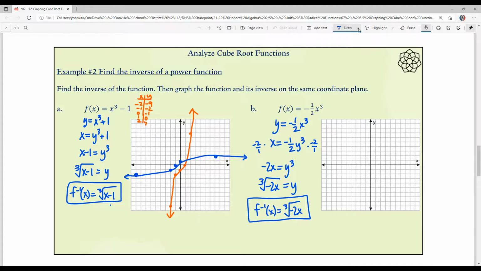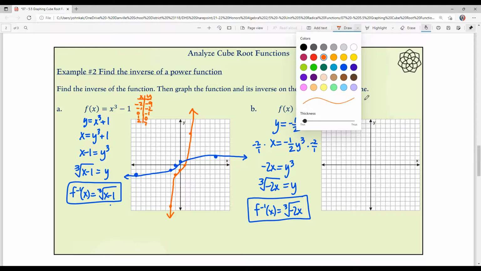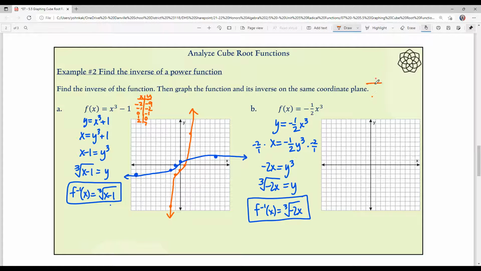All right, so let's switch colors and do the original. So the original, I can plug in -2, -1, 0, 1, and 2. If I plug in -2, that gives me -8 times that, which gives me 4. If I plug in -1, I get a half. If I plug in 0, I get 0. If I plug in 1, I get -1/2.